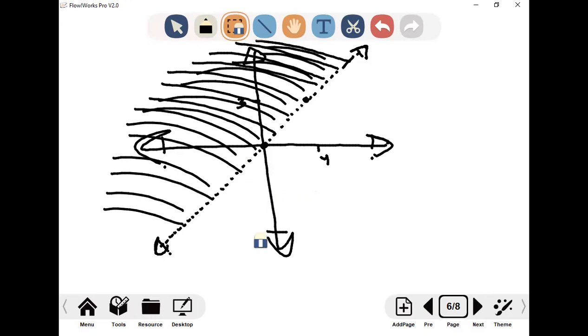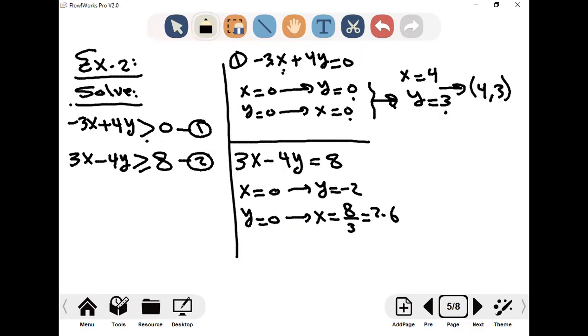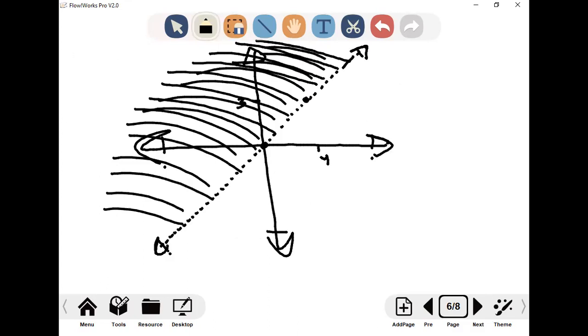Okay. Now let's graph the other one. The other one, it is what? Negative 2 and 2 point something, right? For y, negative 2. This is negative 2. So if this is 4, this is 2, right? And this is negative 2 here.